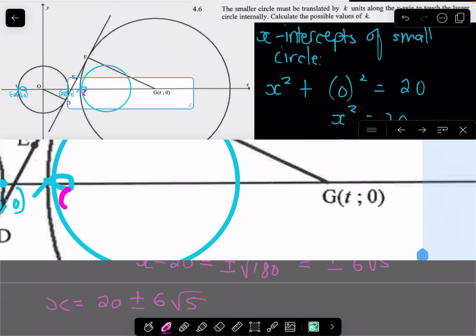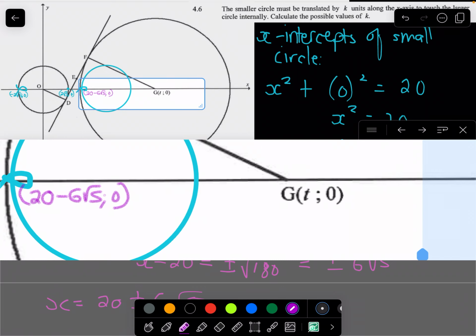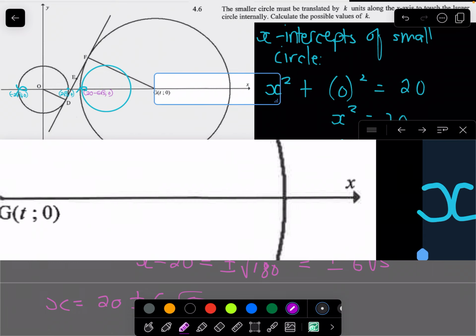Okay, so this first one here will be too thick. In fact, I must just use the pencil. The pencil seems it will be even thinner. So this will be 20 minus 6 root 5 and 0, and then this one over here will be 20 plus 6 root 5 and 0.